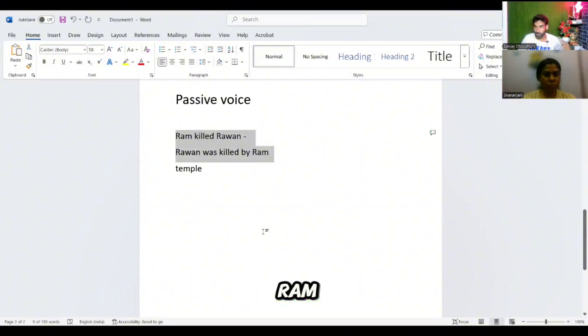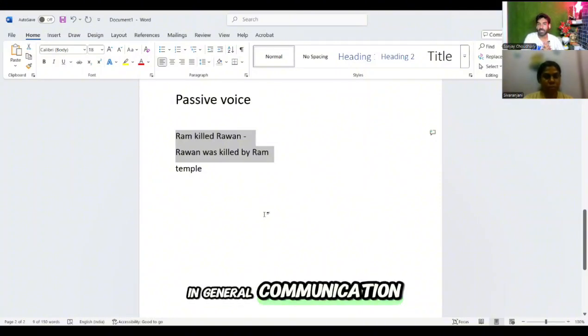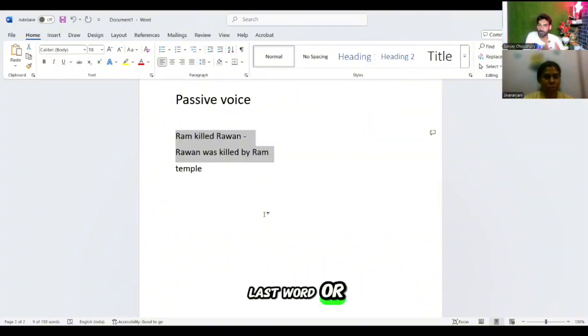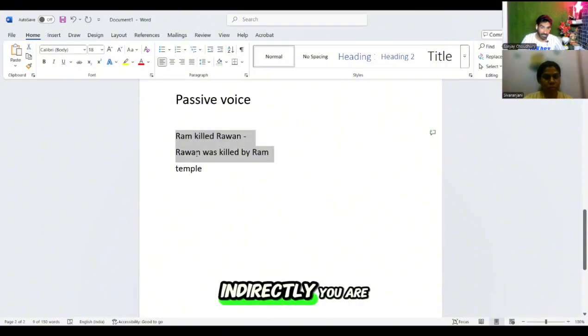When I say Ram, I am going to give more importance to Ram. When I say Ravan was killed by Ram, it is something where I'm giving my focus on. In general communication, we decide whether we have to give focus on the last word or on the first word. Similarly, grammar gives us a chance, by using the active voice and passive voice, to indirectly say this.